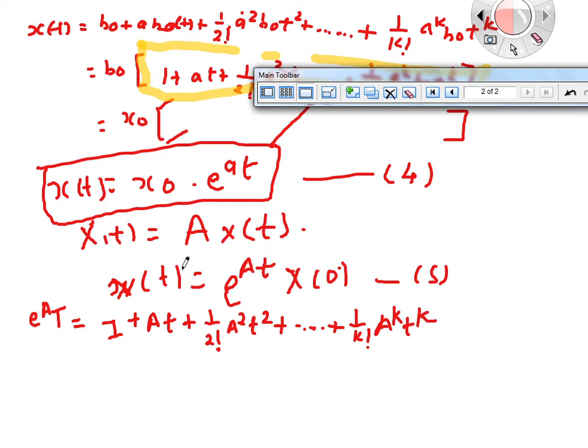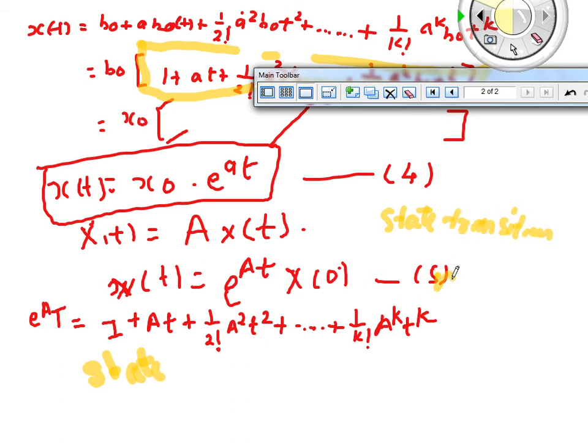This e raised to at is known as the state transition matrix.